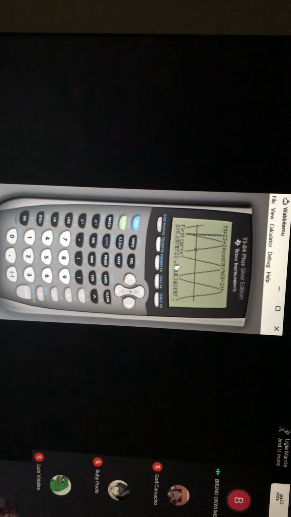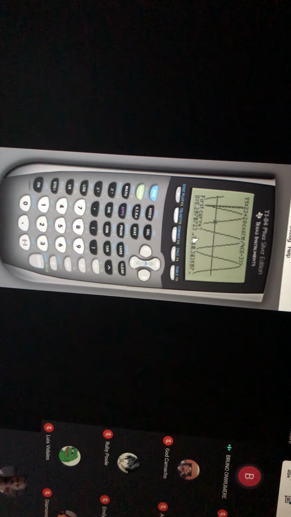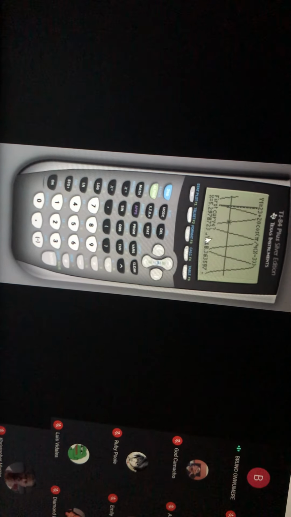Now, when your cursor is close to the second intersection, you're going to hit enter 3 times. Everybody follow my lead. Hit enter 3 times. 1, 2, 3.